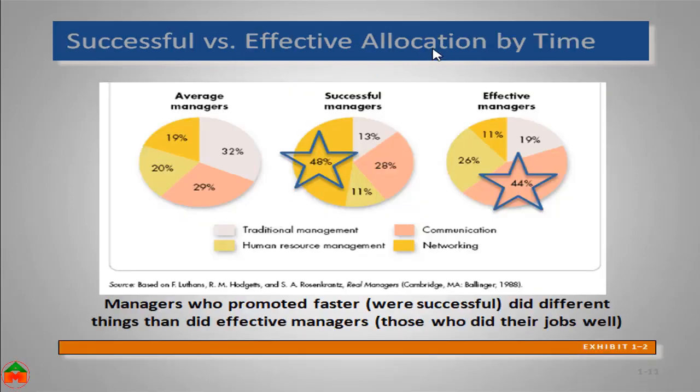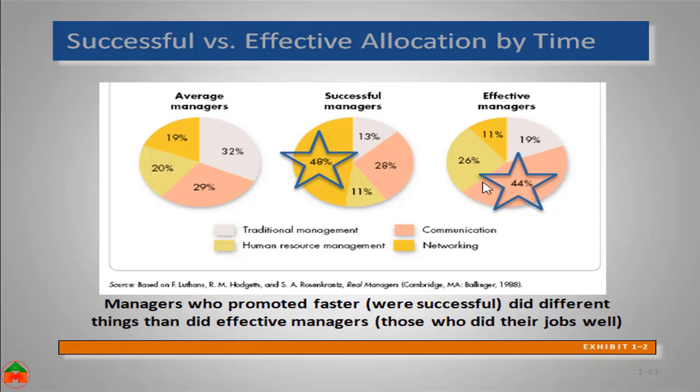If you want to be an effective manager, then out of those 4 types of management activities, you must emphasize on communication, because the effective managers spend time on communication.